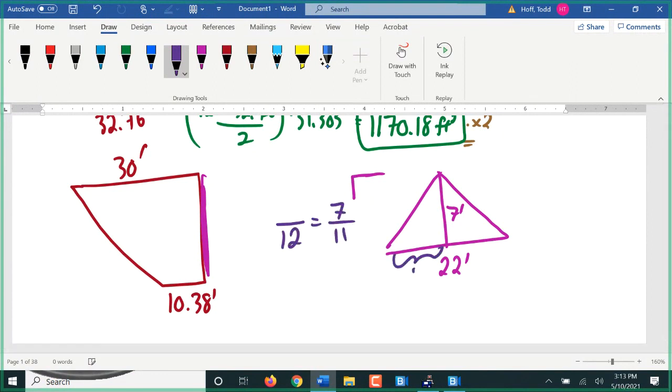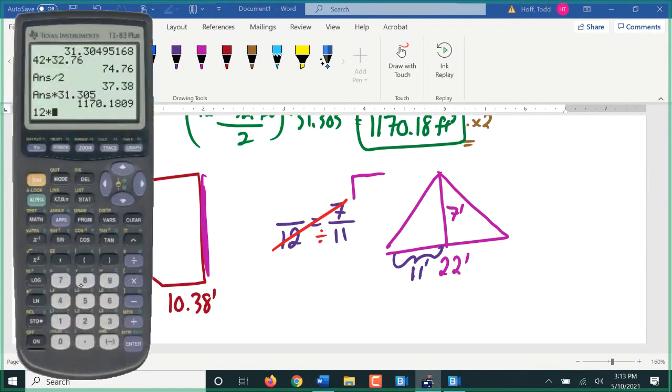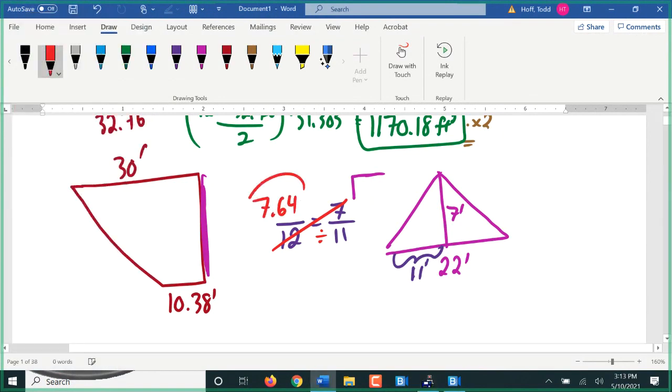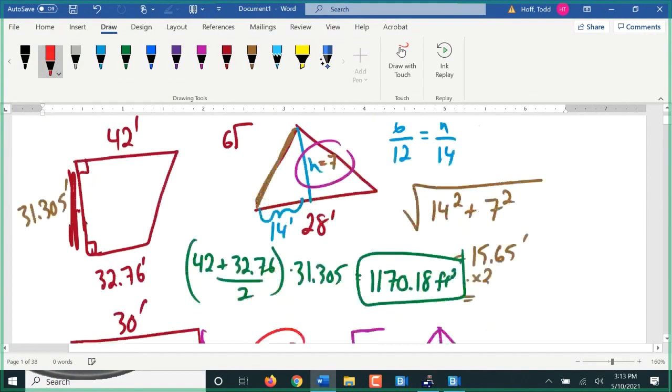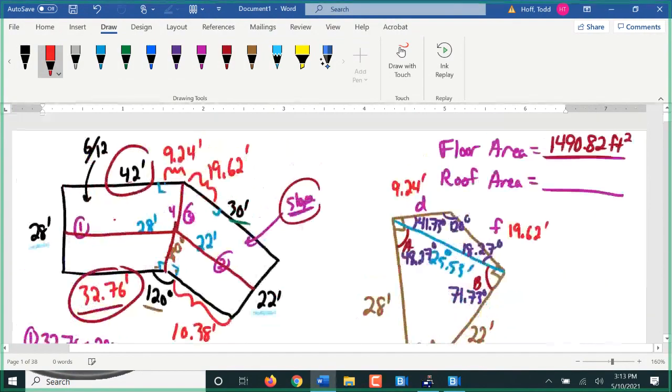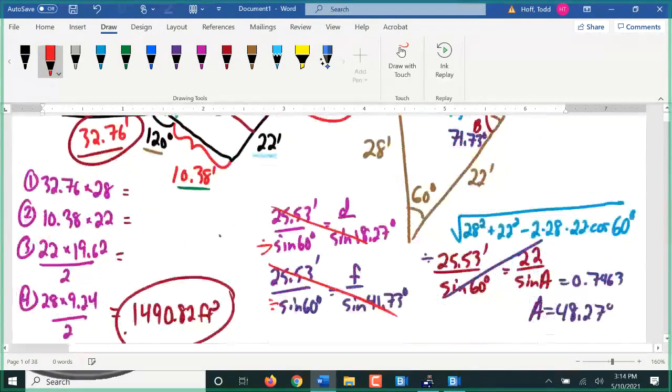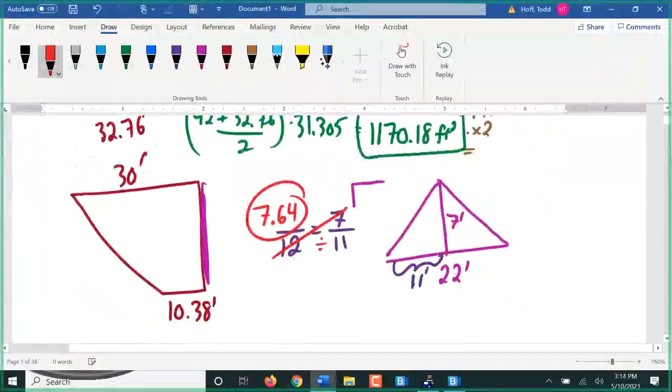Remember, half of the 22 is our run of 11. So if we cross multiply and divide, 12 times 7 divided by 11, 7.64. That is actually the slope of this section of roof. 7.64 and 12 slope. Obviously a bit of a special order.